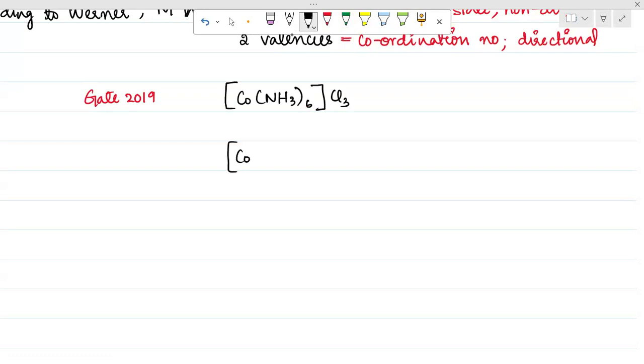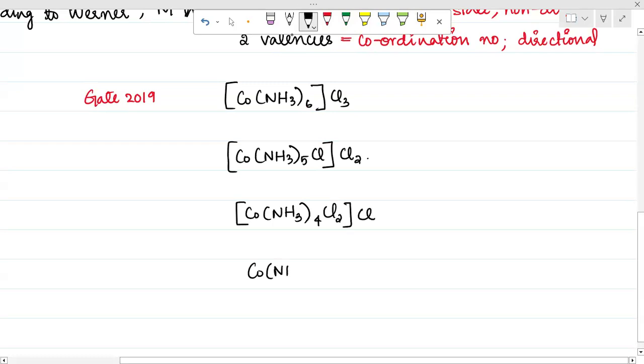Next, Co(NH3)5 Cl Cl2. Next, Co(NH3)4 Cl2 Cl. Co(NH3)3 Cl3. So you have to write the primary valencies and the secondary valencies.